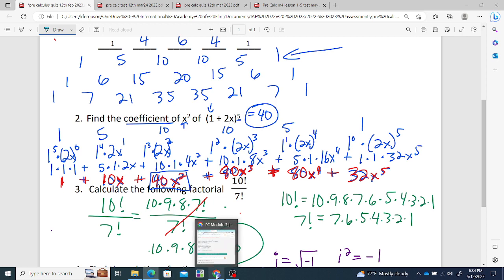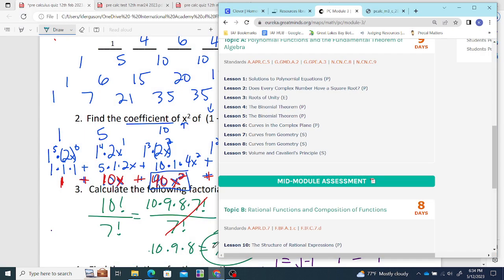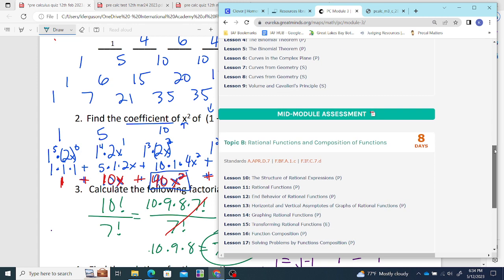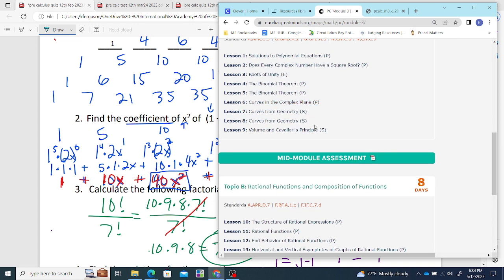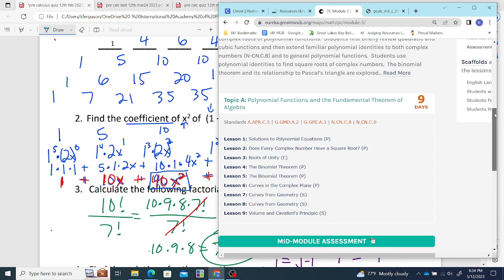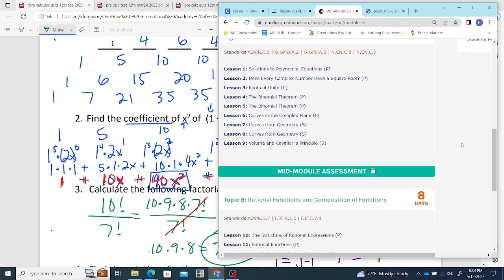That's what that was talking about. And then I believe factorials were, shucks, I don't remember where factorials were. It was somewhere in here. I have to double check, so I'll go back and look at that. But that's where we're going back. We're starting at module 3.